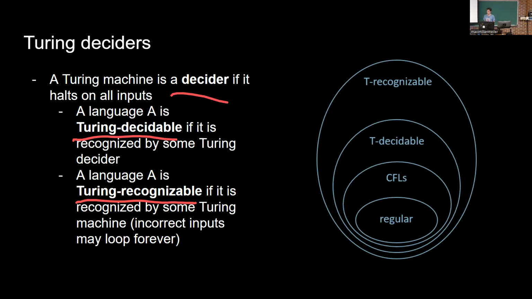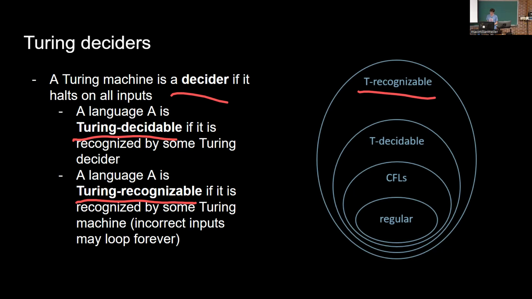However, for some languages, you can't quite do this, and you have to settle on what's known as a Turing recognizable machine, a recognizer. A language is Turing recognizable if the best you can do is a machine that accepts anything that works for that language, but if you feed it something that doesn't work, it may just loop infinitely.